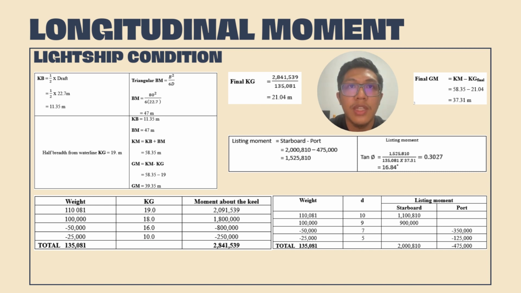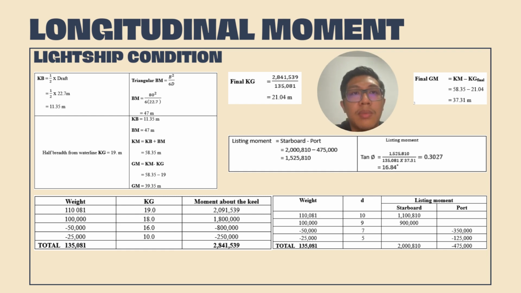We got 47 meter for this light ship condition, and then the half breadth from waterline, which is KG, is 19 meter. So we calculate the KM, which is KB plus BM, and then we got 58.35 meter. After that, we calculate the GM, which is KM minus KG, which is 39.35 meter.